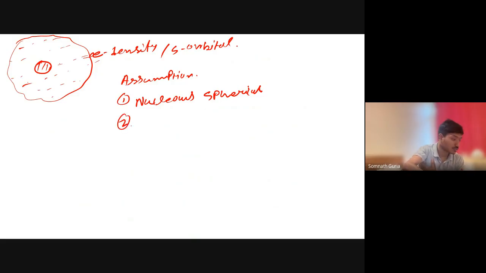Second assumption is that the radius of the nucleus is, let's suppose, R. Then there is an equation, my Hamiltonian operator would look like equal to 2 by 5 pi Z e square mod psi 0 square R square.